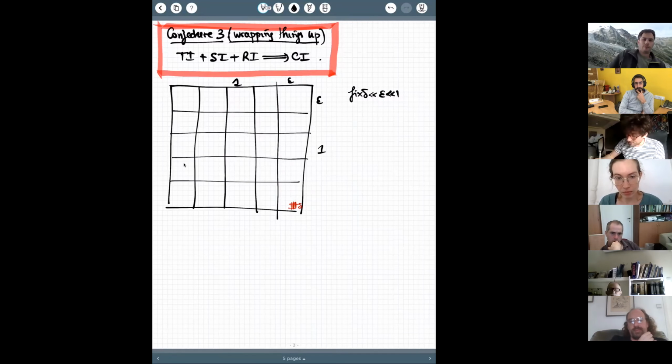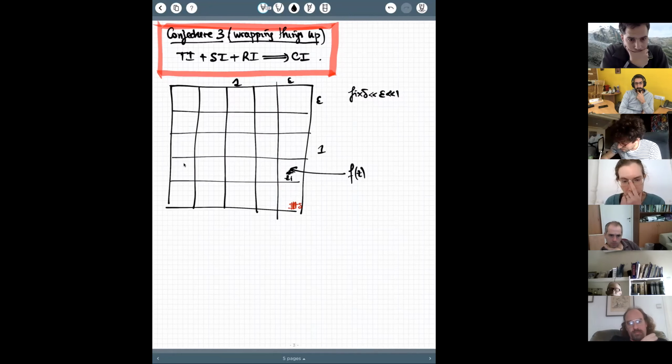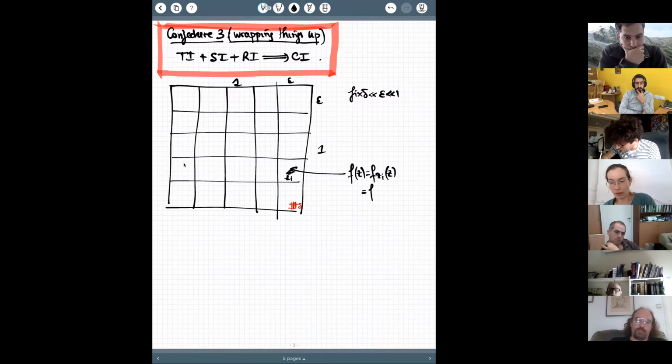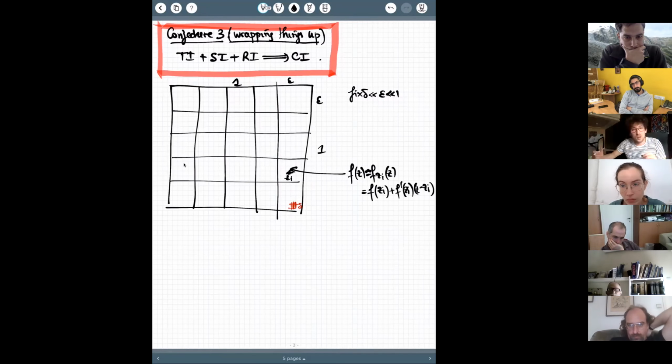You will agree with me that in each one of these boxes, let's say zi is the center of the box, f of z looks almost like f_zi of z, which is f of zi plus f prime of zi times (z minus zi), the linear approximation centered on zi, because it's a conformal map.